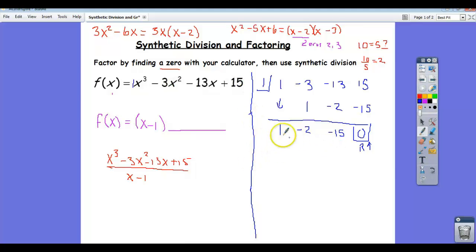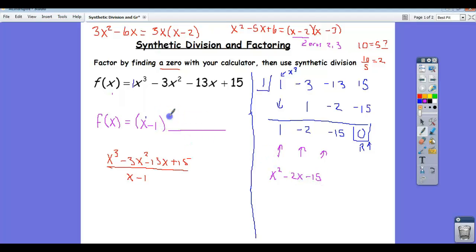Now let's decode this. 1, minus 2, minus 15, well, this here was like the x cubed coefficient, right? But when you divide by this x to the 1 power, that means your remaining polynomial is a degree 2. So this here decodes to x squared minus 2x minus 15.